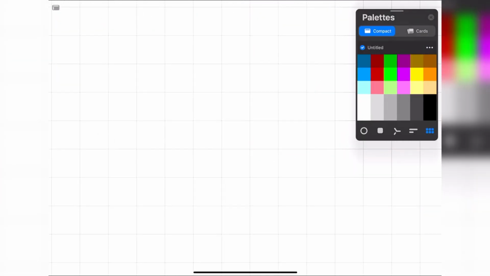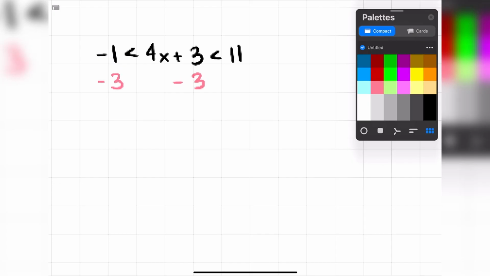Next question. Let's see. Okay, this one's going to be -1 is less than 4x plus 3 is less than 11. First step here, we're going to subtract the 3 from every side, cancel out that.